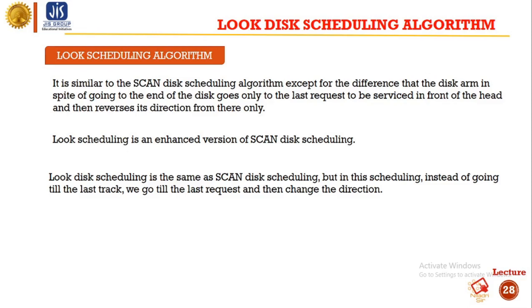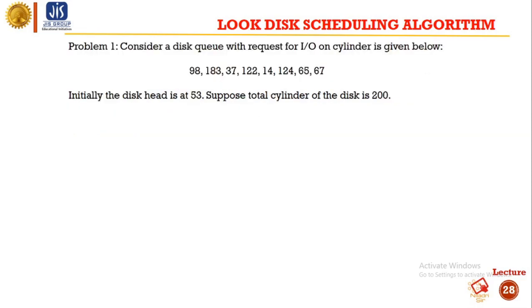After reaching the last request at the other end, the head reverses its direction. It then returns to the first request at the starting end, servicing all the requests in between, and the same process repeats.